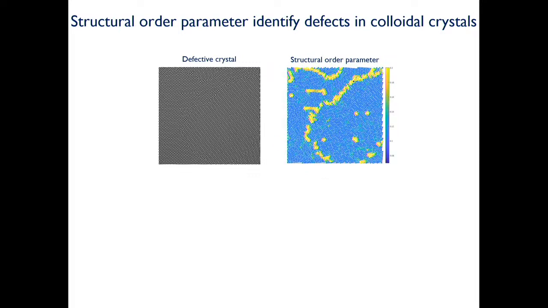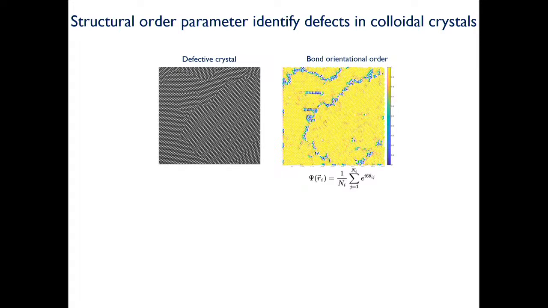Now we calculate the structural order parameter for the system, and it also captures all these defects very nicely. What is interesting is that the softness we calculate gives us information about the local softness, the local caging potential, so it gives you much more physical insight into what these defects are. The bond orientation just gives you information about geometry.